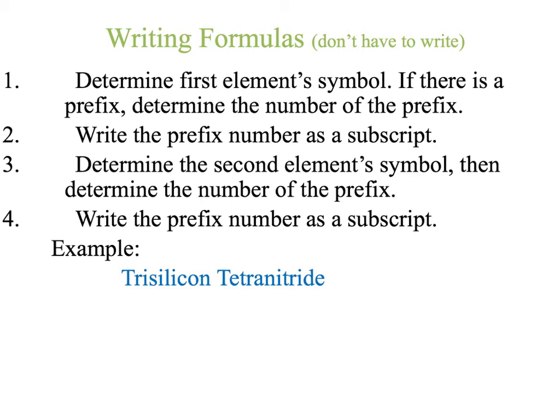Well, if we get the name and we have to write the formula, it's just a language. Read it and translate it. Try. There's 3 of something. 3 what? Silicon. Tetra. That means 4 of something. 4 of what? Nitride means nitrogen. Done.